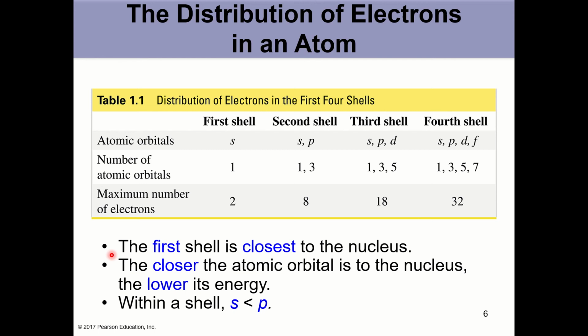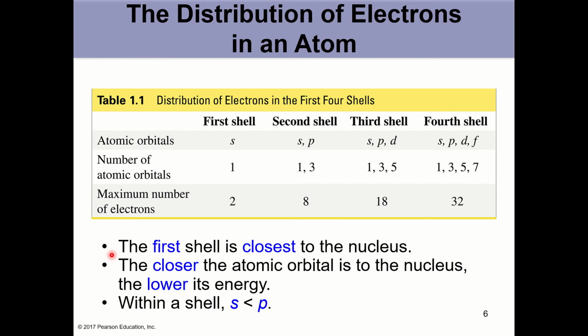In the third shell of the periodic table, we have orbitals S, P, and D. So we have 1 orbital for S, 3 for P, and 5 for D. 1 plus 3 plus 5 is 9. 9 times 2 is 18.